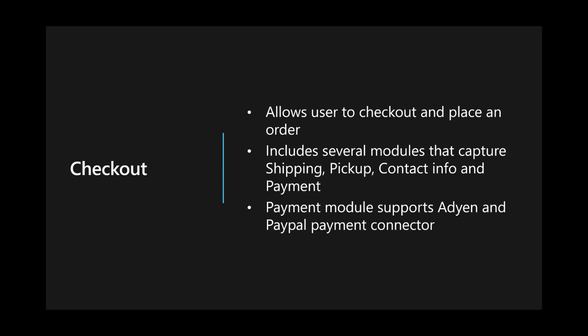But I also wanted to call out that in the case of checkout, header, buy box, we've seen examples where there is one module called checkout or buy box, and then within that module there are several other smaller modules that we are adding to it. And the reason for doing that is some of these modules could be reused in other pages. For example, store selector is used on the buy box as well as on the cart.